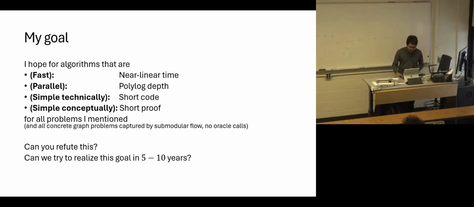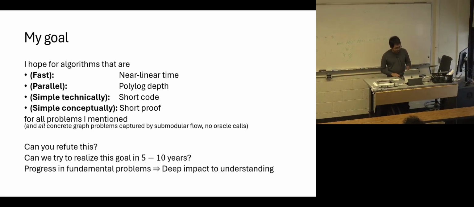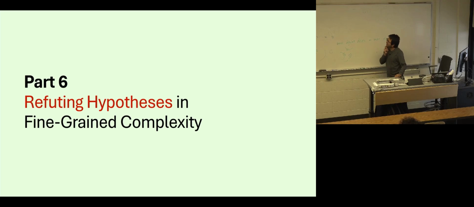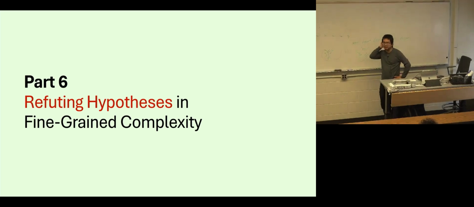I think this is a fundamental problem, and it should give you a deep impact in our understanding of these supernatural objects like graphs. By the way, there are some problems that I don't quite hope for linear time.